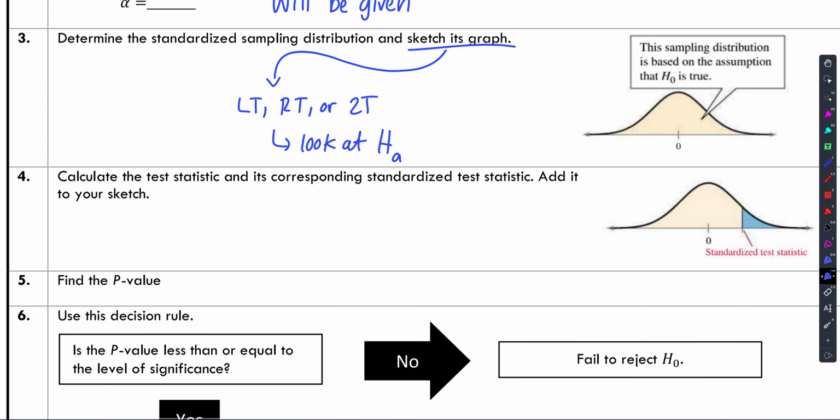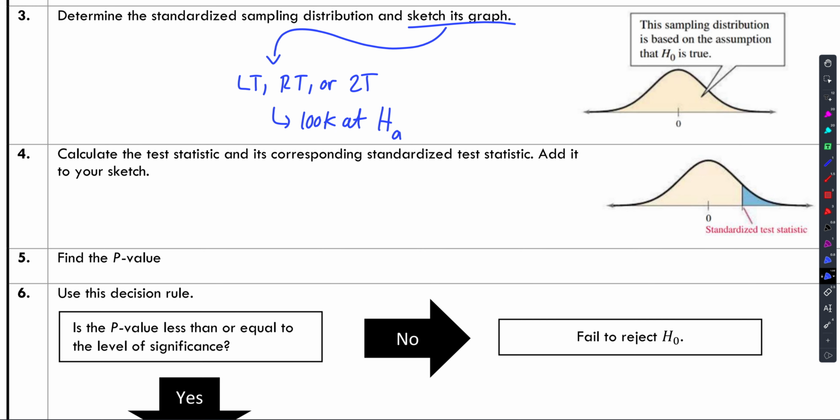All right. So then you will calculate your test statistic and its corresponding standardized test statistic. Now, when it says calculate the test statistic, that's going to be your x bar that we're dealing with. Oftentimes, you won't actually have to calculate it. It'll just be given to you in the problem. But if a hypothesis test gives you a sample of values, you will have to calculate the test statistic.